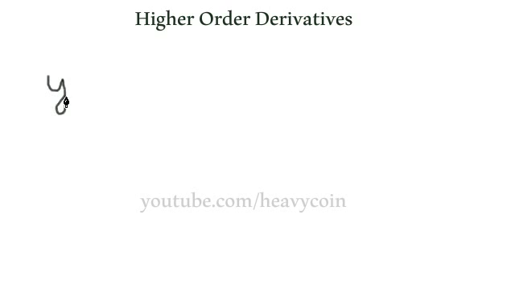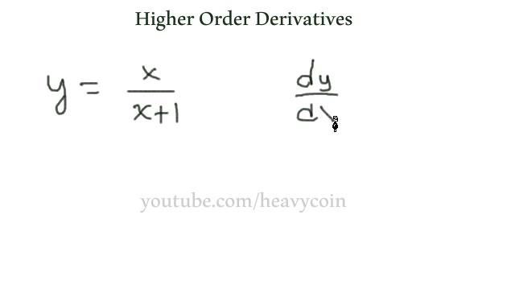We've got y is equal to x over x plus 1. Now I'm going to do some different notation. Well, dy over dx, you should have seen that by now. Some of my other problems I use different notation, is the first derivative.